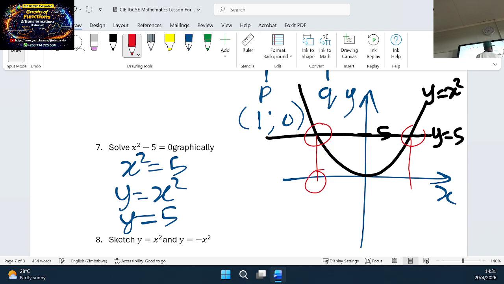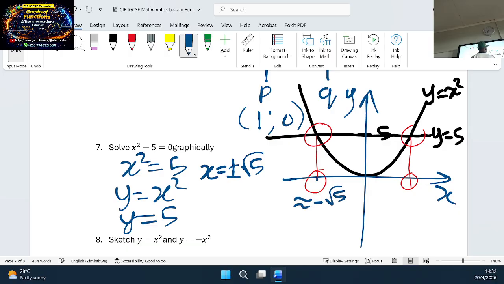I'm interested in determining the points where those lines intercept the x-axis. Algebraically, x is equal to plus or minus root 5. So approximately here, we should be having a marking of minus root 5, and here, approximately positive root 5. That's what we'll get there.